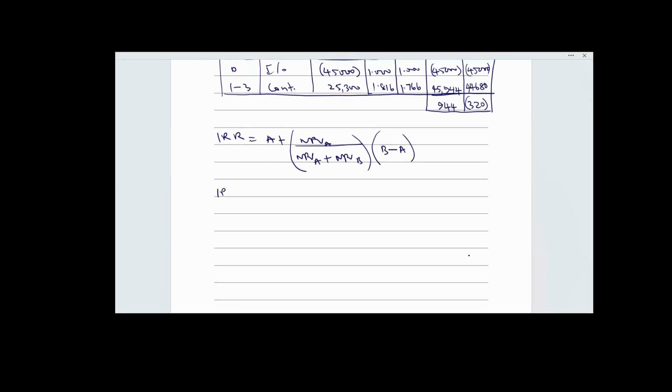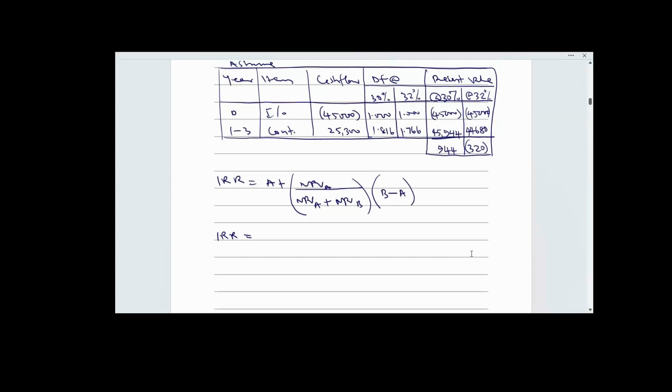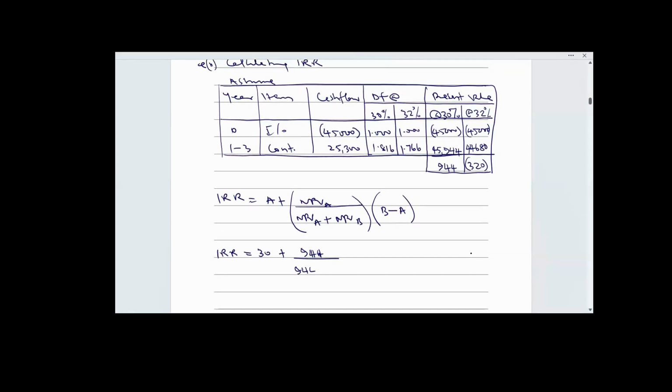So IRR will be equal to: 30% is lower, so I will say 30 plus NPV of that 30, which is 944, divided by 944 plus NPV of higher discount rate of 320.